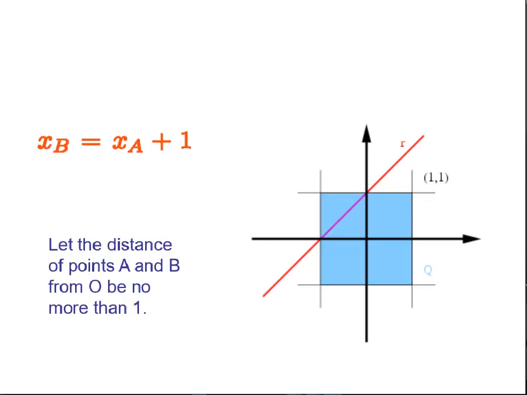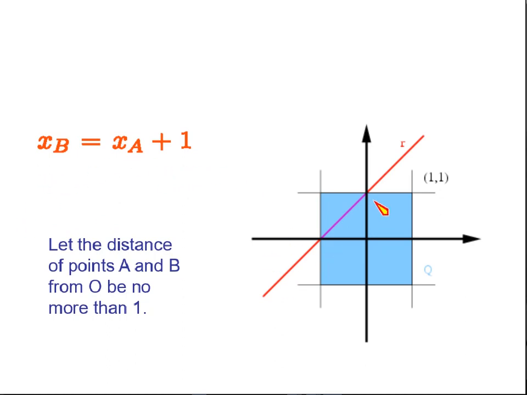For instance, let's see how we could exploit this thing of representing in an artificial plane the positions of 2 runners. One possibility is to think that we want B to be 1 unit further than the runner A. So XB equals XA plus 1.